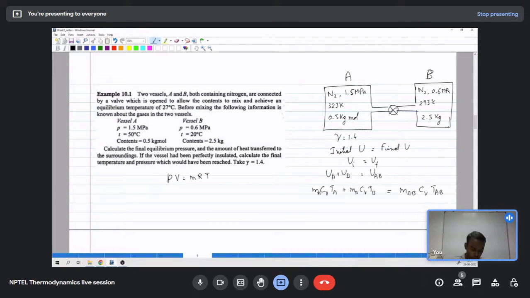Here the final pressure is what we need to calculate. The volume we can calculate individually and we can add it up. Mass also we need to calculate individually and add it up. So the mass of vessel B is already given. Mass of vessel A is to be calculated from the 0.5 kg mole.